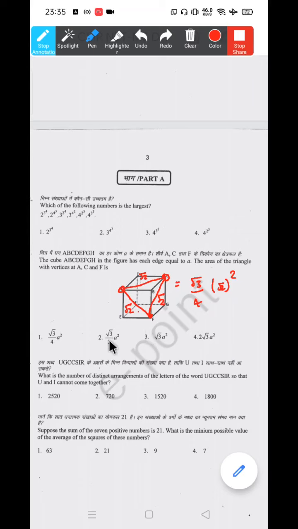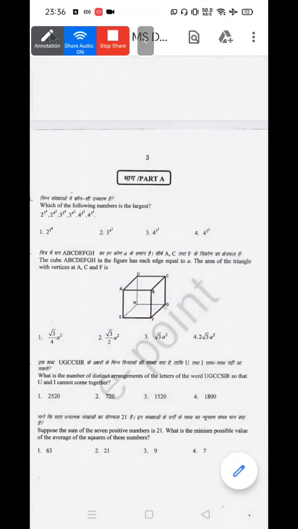If I put a equal to 1, then the answer will be this one. Or else you can do it this way: this is a, this is a, and I want to find x. So x square equals 2a square, that is x equals root 2a. The side is root 2a, side square will be 2a square. Yes, option 2. Okay, let us go to the next one.